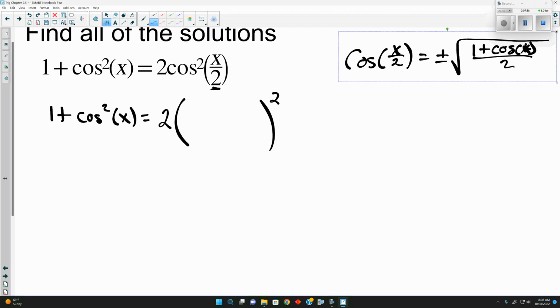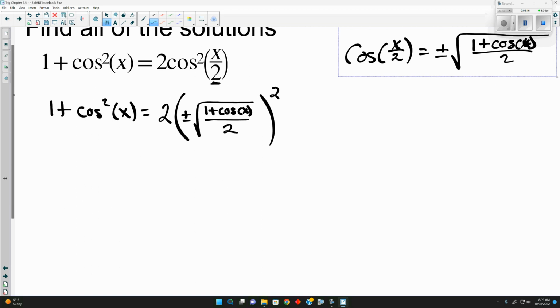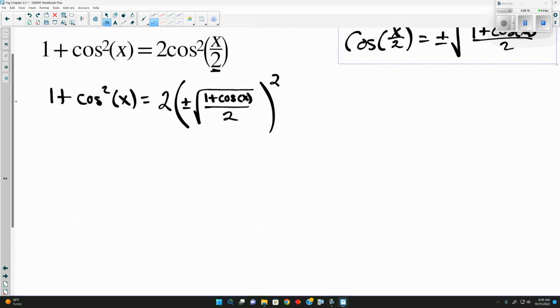I can replace cosine of x over 2 with plus or minus the square root of 1 plus cosine of x over 2. So here the first thing we did is just took the half angle formula and plugged it in. Any questions on this so far?